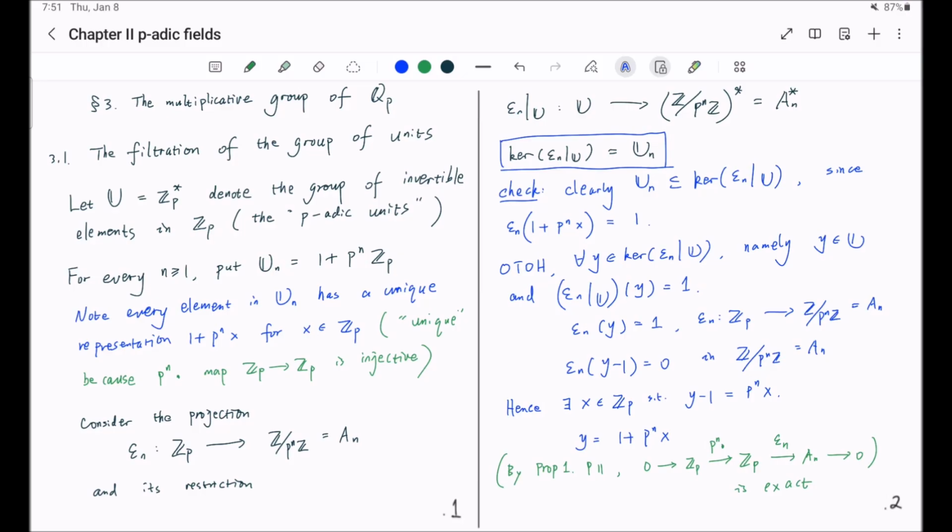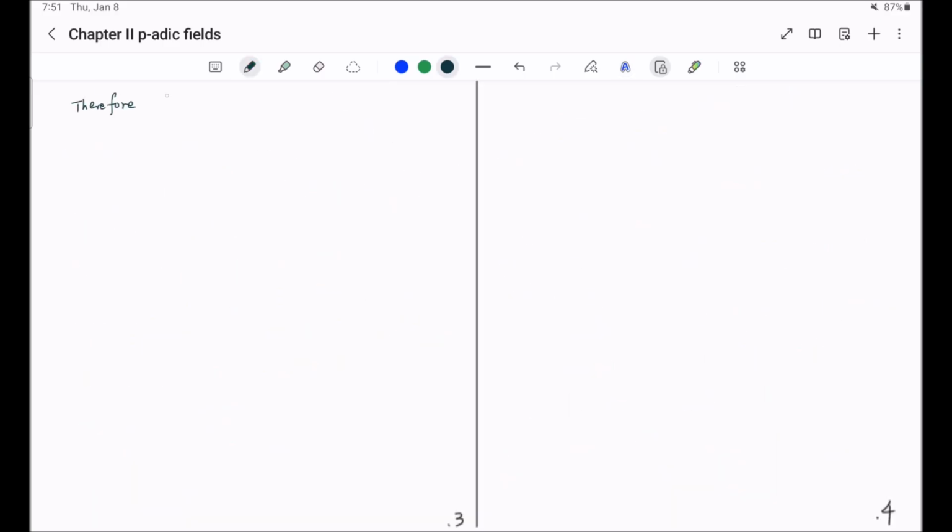Therefore, this epsilon sub n will naturally induce an isomorphism from U mod U_n to this multiplicative subgroup of Z mod p^n Z, as denoted by epsilon sub n tilde, from U mod U_n to (Z mod p^n Z)^*, which is A_n^*.